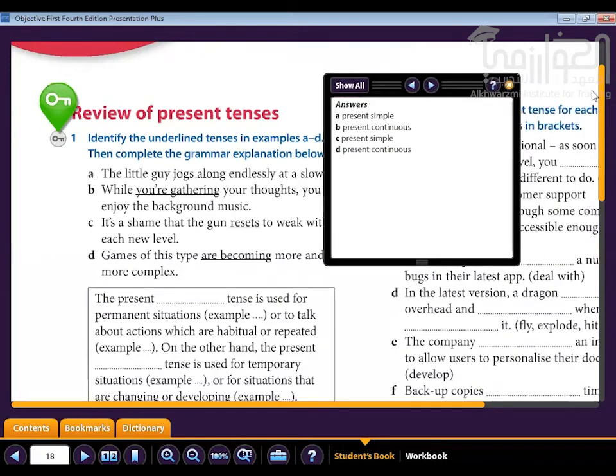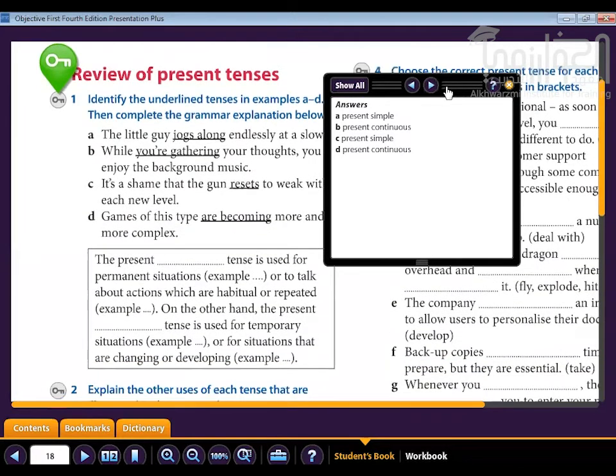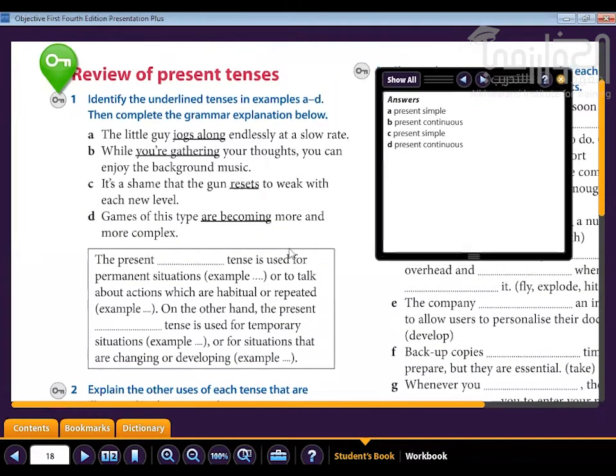Now what we have to do is this. The second part of the question I want us to complete. This is the rule, and this is the explanation, how we explain this. So the present what tense is used for permanent situations, or to talk about actions which are habitual or repeated.